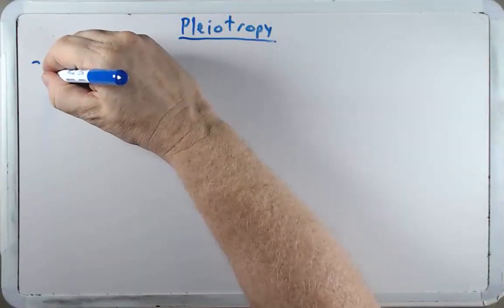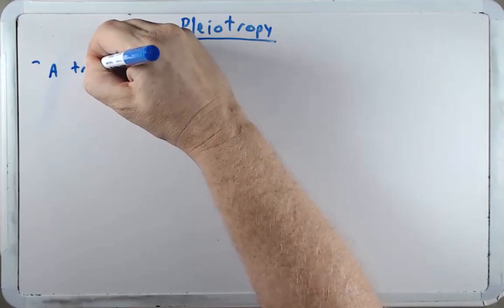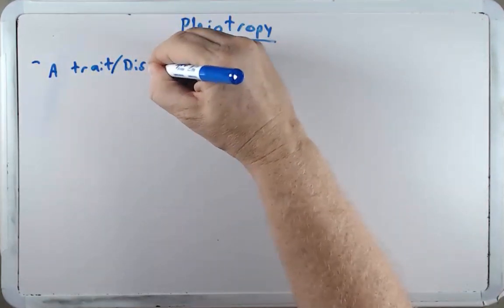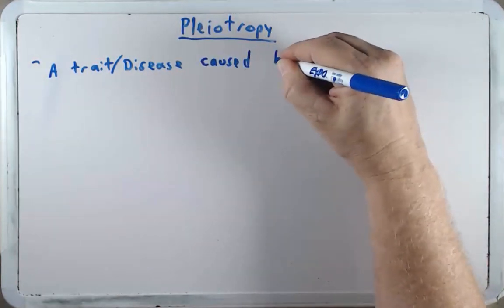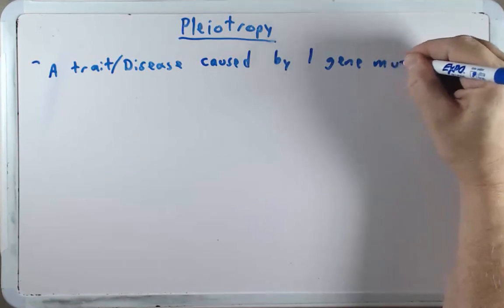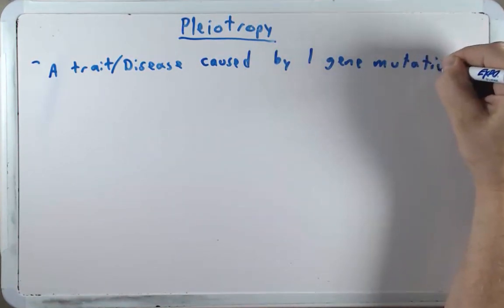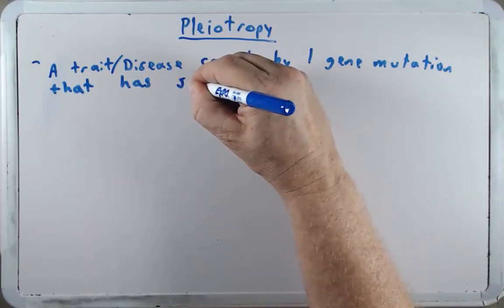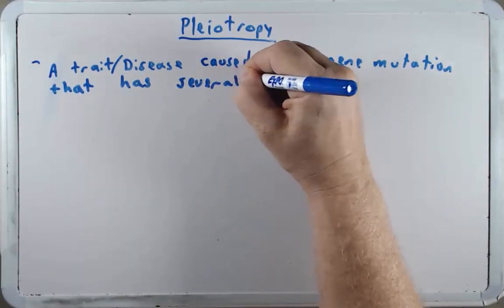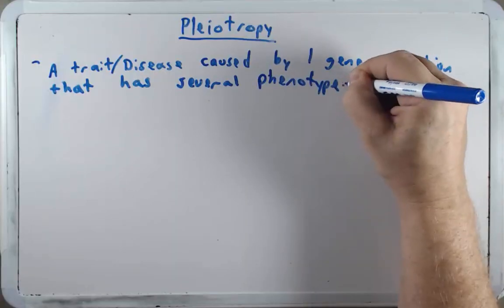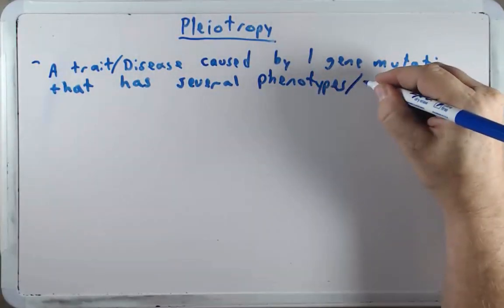Pleiotropy refers to a trait, or it could be a disease, caused by one gene mutation that has several phenotypes. Or you might think of those phenotypes as symptoms if we're talking about a disease.